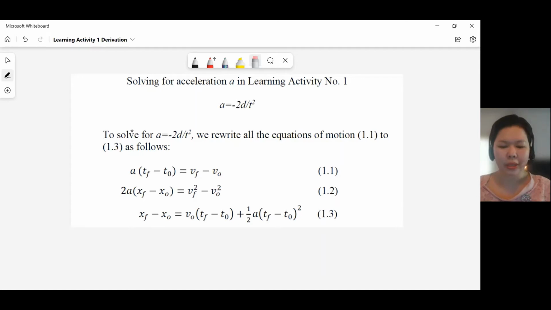Here, we let Tf minus T naught equal T. And we let xf minus x naught equal D. Now I'll drop T naught since we know T naught is equal to 0.